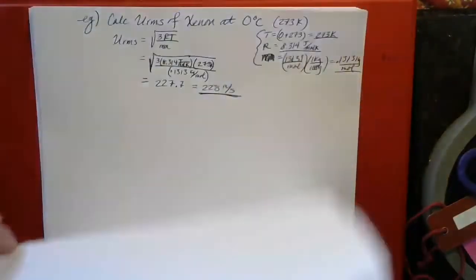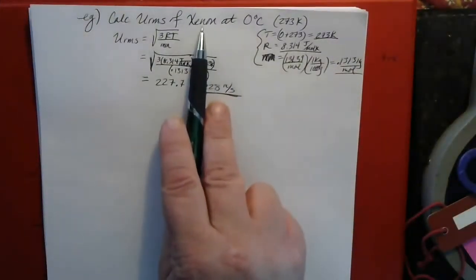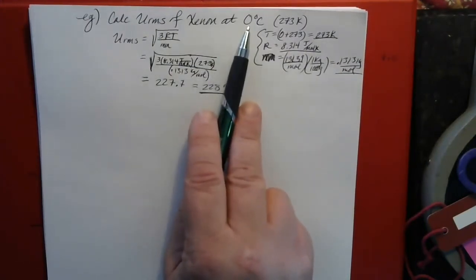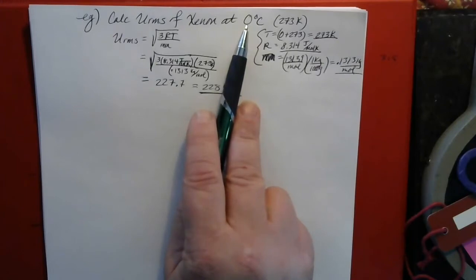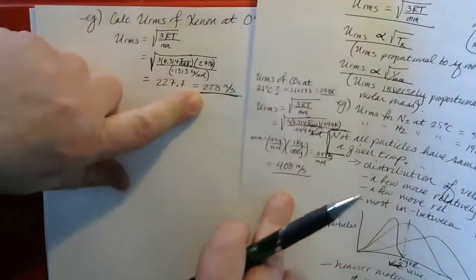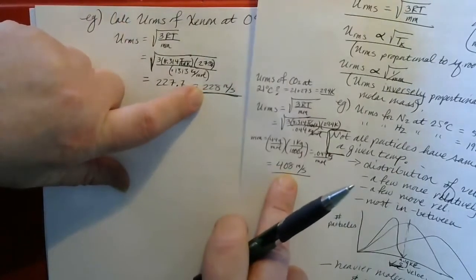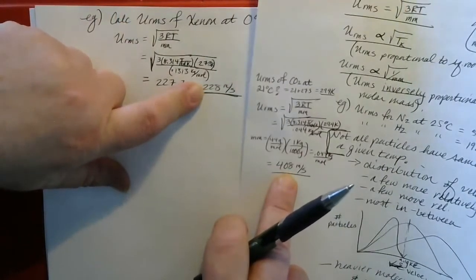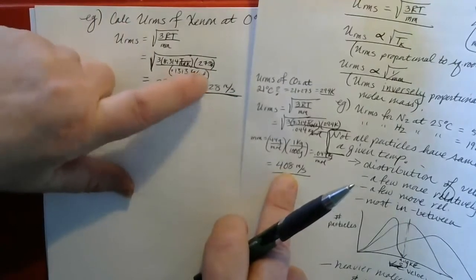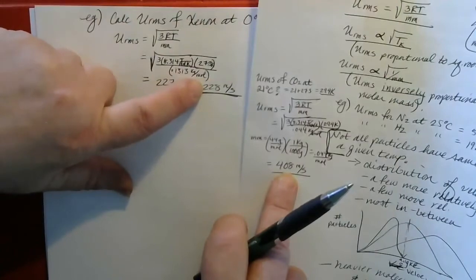And if we compare this to what we got before, xenon is even heavier than carbon dioxide, and we're looking at it at a lower temperature than we did for the carbon dioxide, which was 21 degrees Celsius. So this should be a lower velocity. And you'll notice it is. We got 408 meters per second for the carbon dioxide at 21 degrees Celsius, and we got 228 for this.